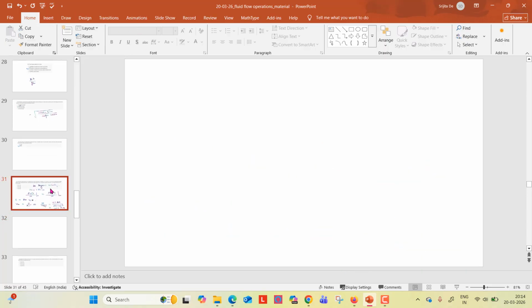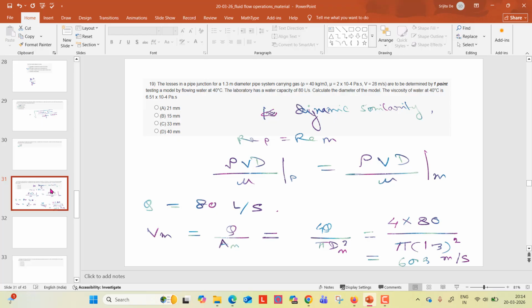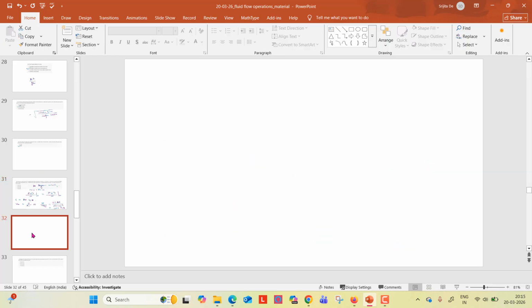Now rho is the same for both the cases because water is only flowing. We can cancel rho P and rho M. V is different. V model is 60.3, so rho cancelled out, and Vp is 28.